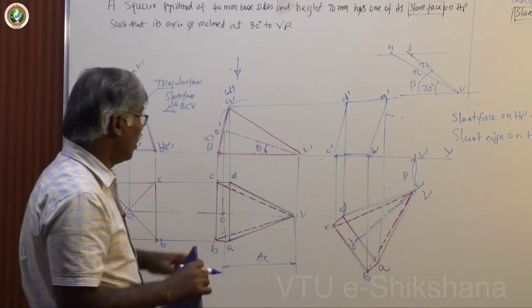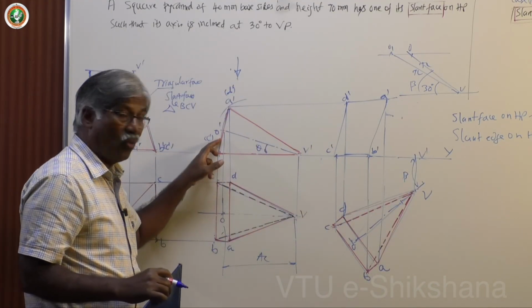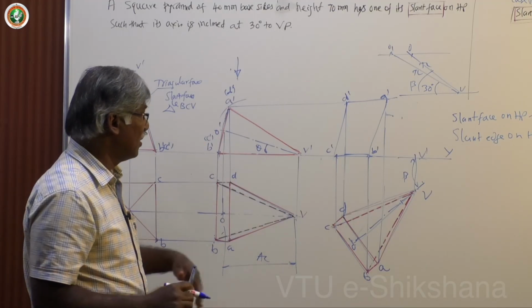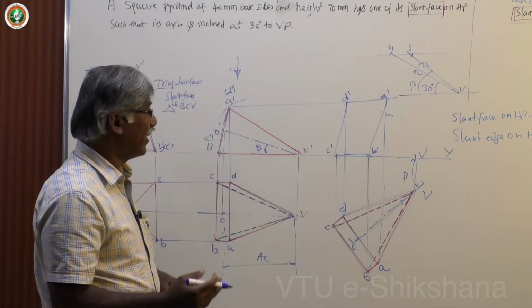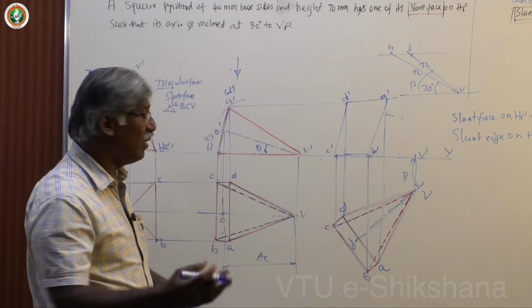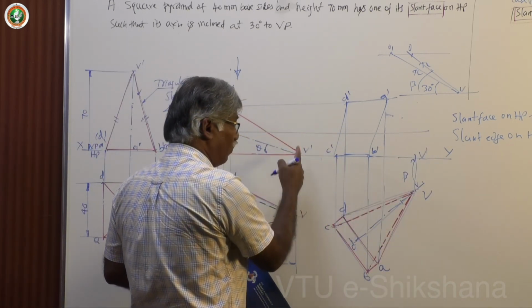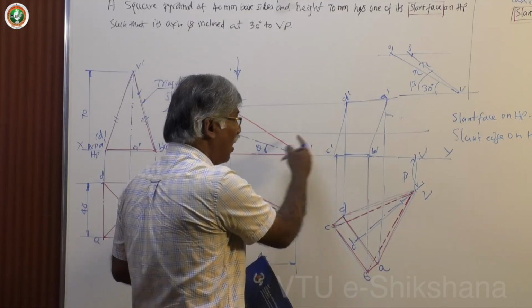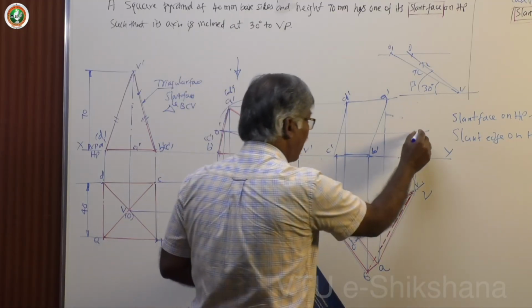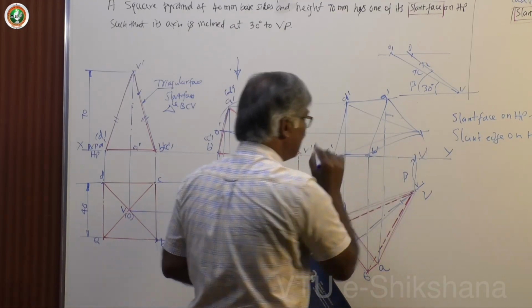Then I told you, you better keep VO instead of O1, because many times what happens, people project simply this and get confused with this VO, this as O, and then if they mark O, they mark here, then join this way.